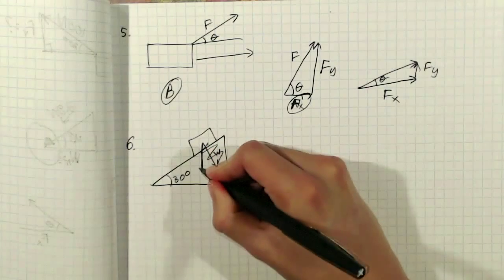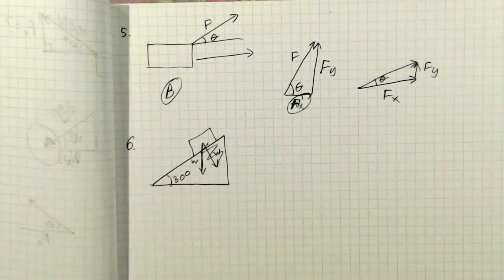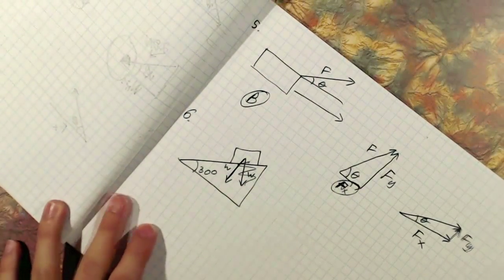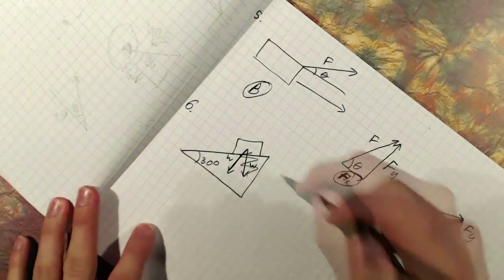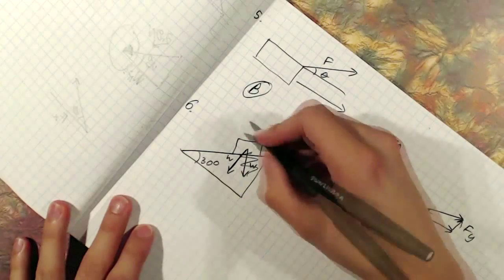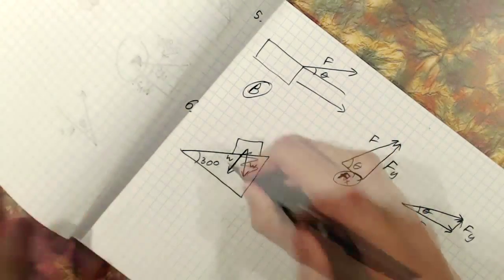This is W. W is going straight down. And it says, what is the magnitude of the component of the weight that acts parallel to the incline? Okay, so if we turn this 30 degrees, now it looks like this weight is at an angle, and straight up and down. Let me redraw this.